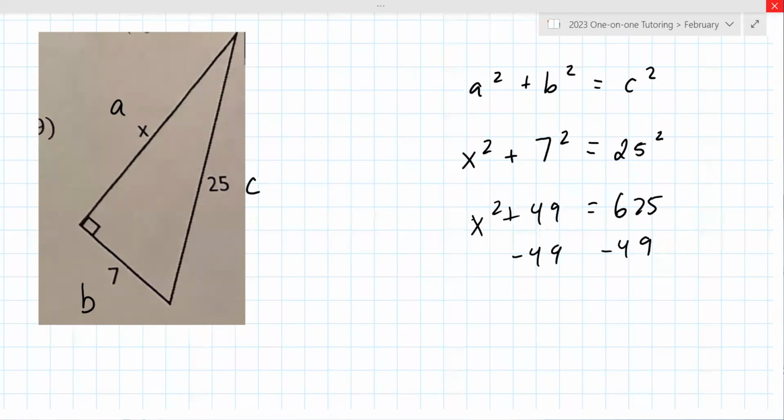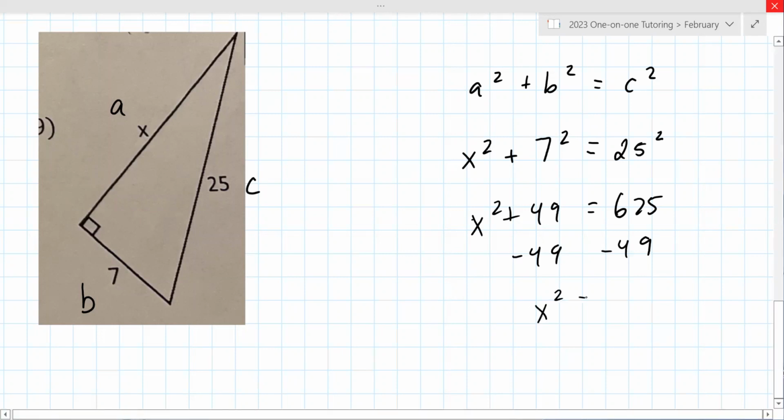Okay, take your time. 575. Nope, try again. 576. Was I close? 576 is correct. Now you have to take the square root of both sides. Square root of both sides.